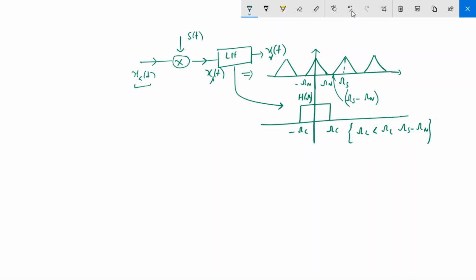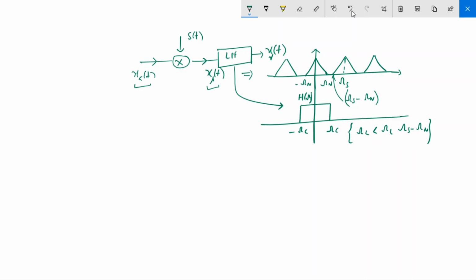Now how does this happen in time, because anyhow you have to get a time domain signal. When you pass this signal through a low pass filter, in frequency it is a multiplication. So these two are multiplied, you get only this portion, and the rest is 0.